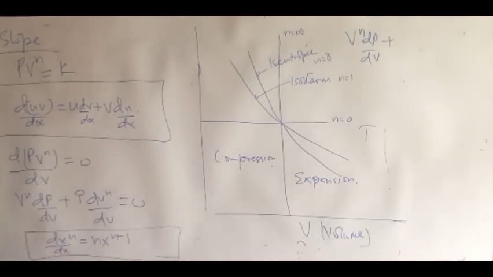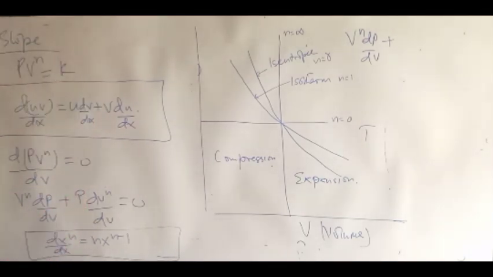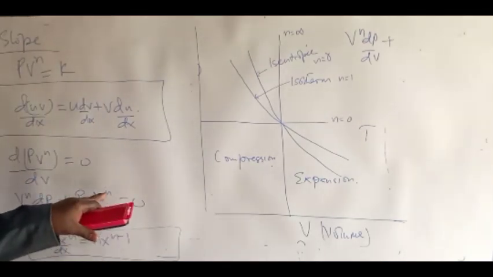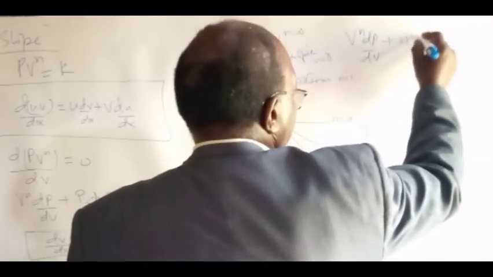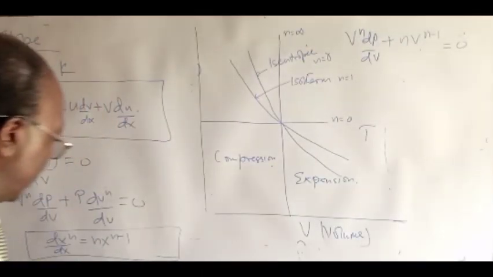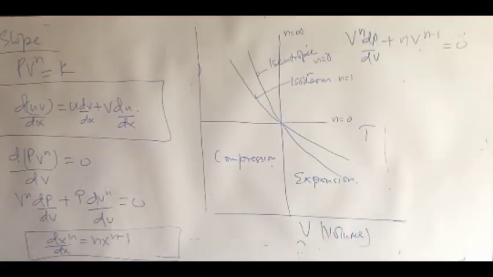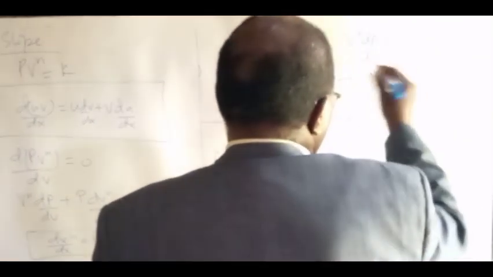So we're using that differential calculus identity to sort out this particular one. So what we have will be n v^(n-1), that will be n v^(n-1), is equal to 0.